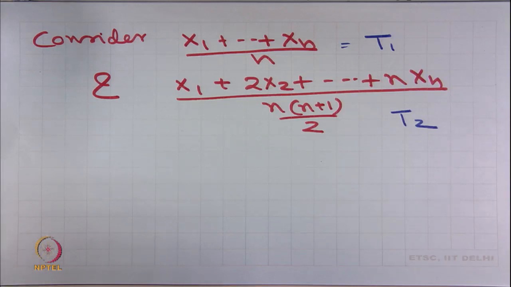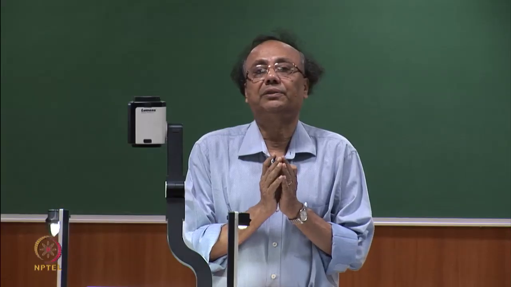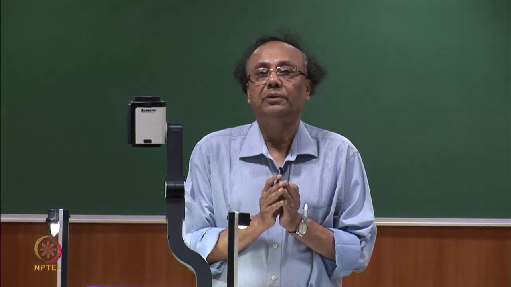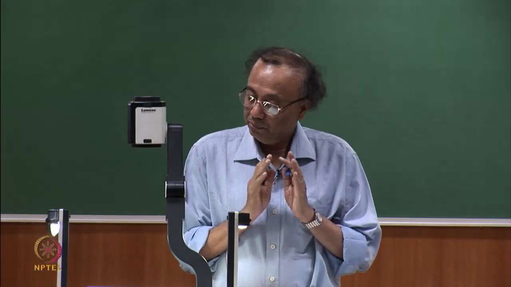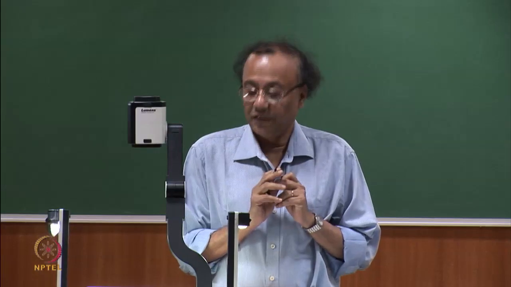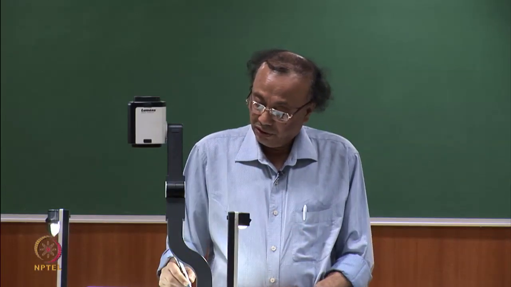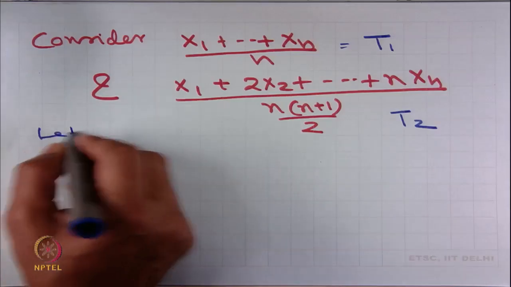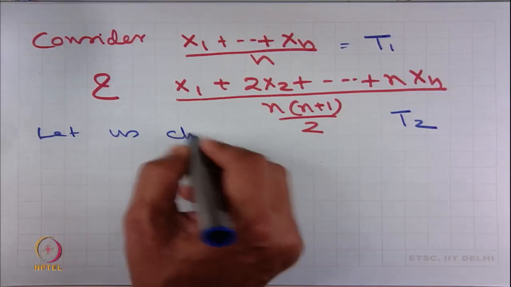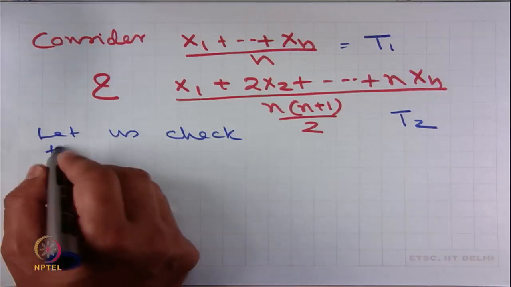We know both are unbiased for mu, we know both are consistent. So, let us check their variances.